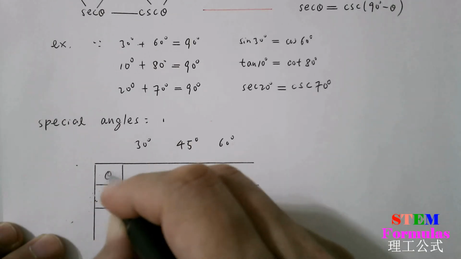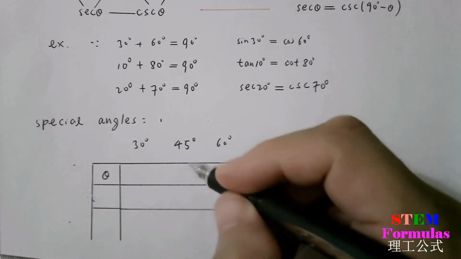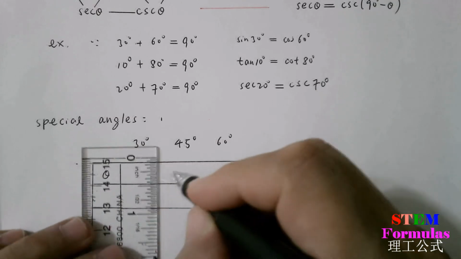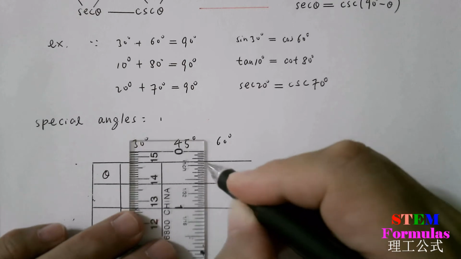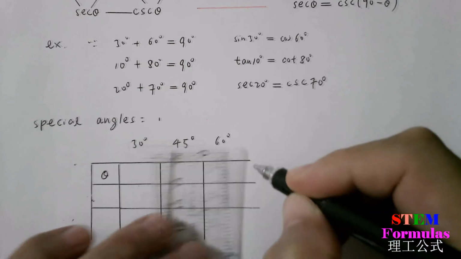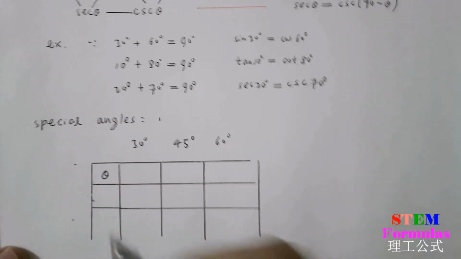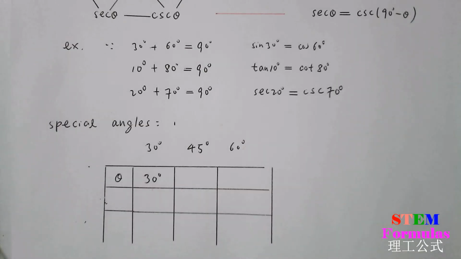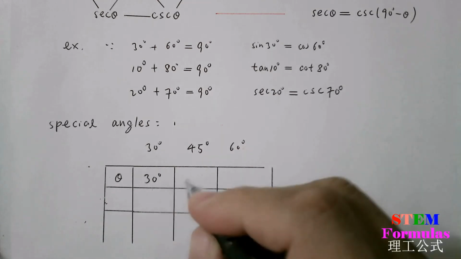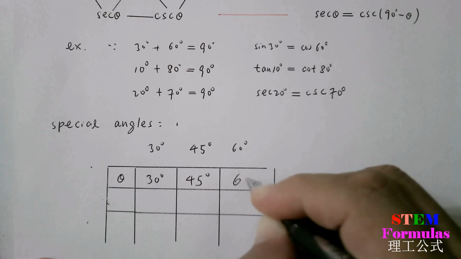Here's theta. The angle here is 30 degree, 45 degree, 60 degree.